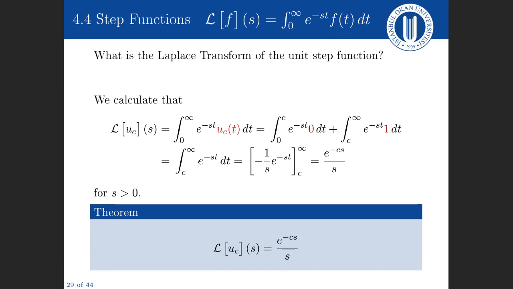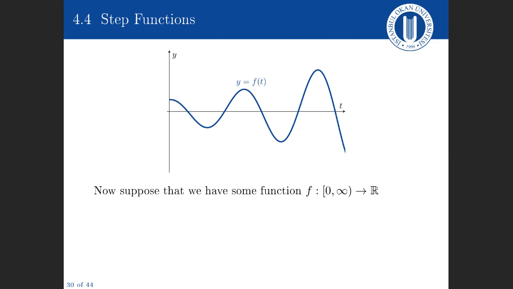Next idea. Now let's suppose we have a function defined on the positive real numbers. This could be any function. I've chosen to draw a function which goes up and down, but it doesn't have to be, just any function you can think of.